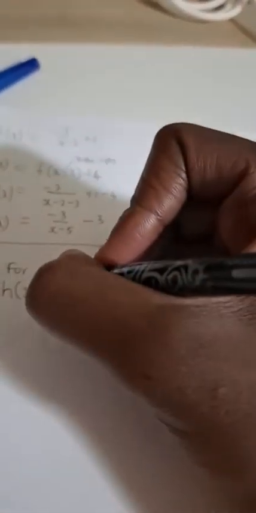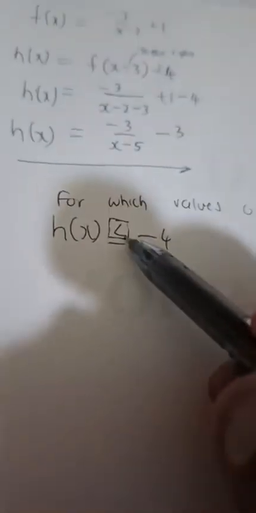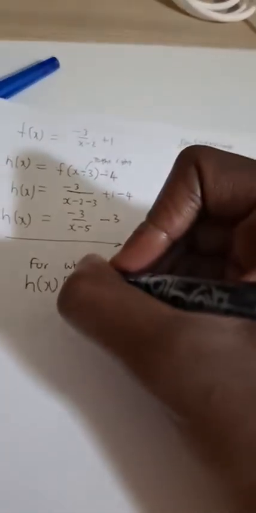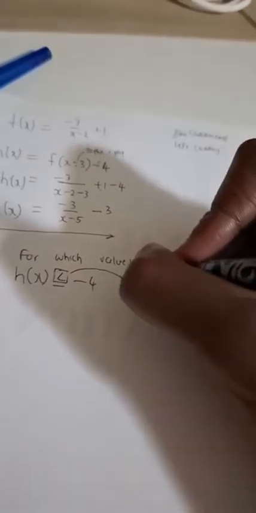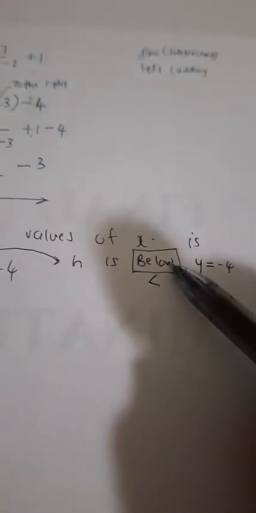Okay. For which values of x is h of x less than or equal to negative 4? So in other words, what do we understand by less than? If we are saying h of x is less than negative 4, it means we are checking where h, meaning the function, is below the line y is equal to negative 4. Less than means below.